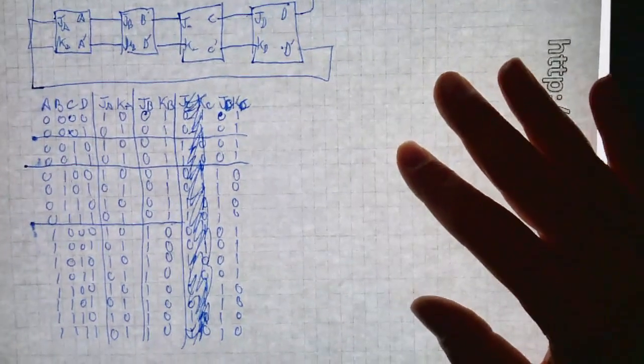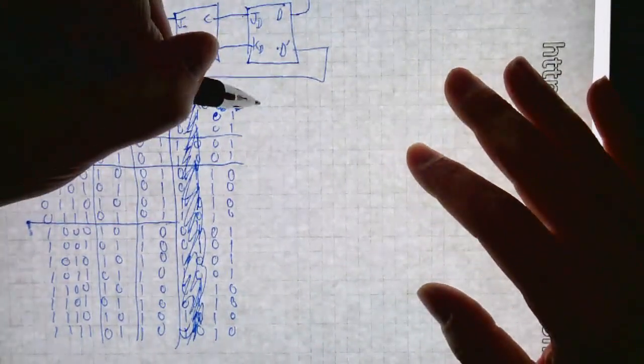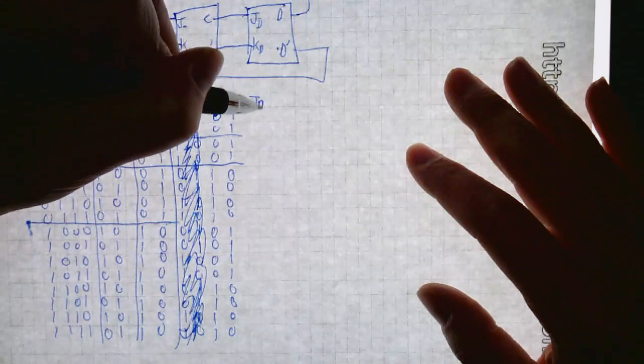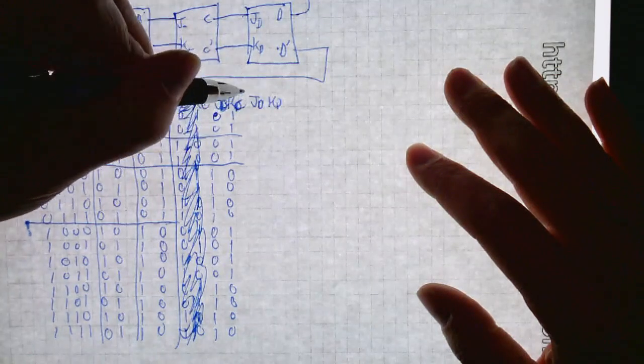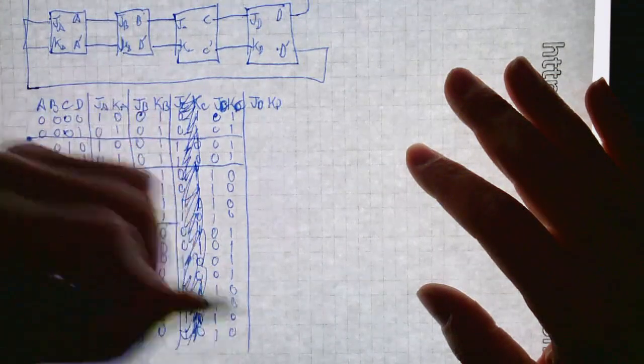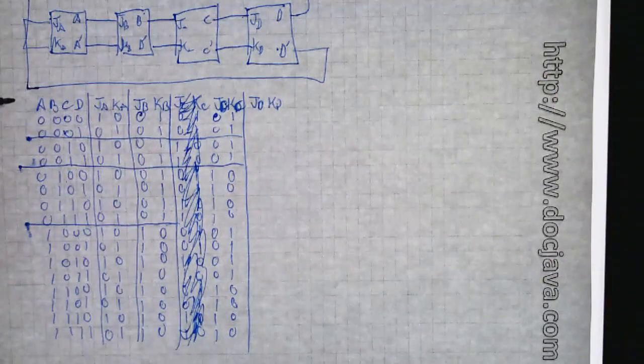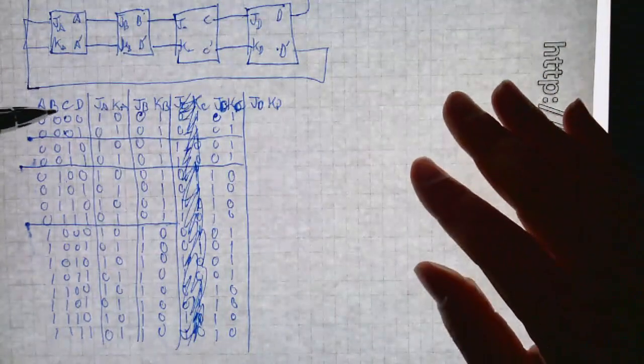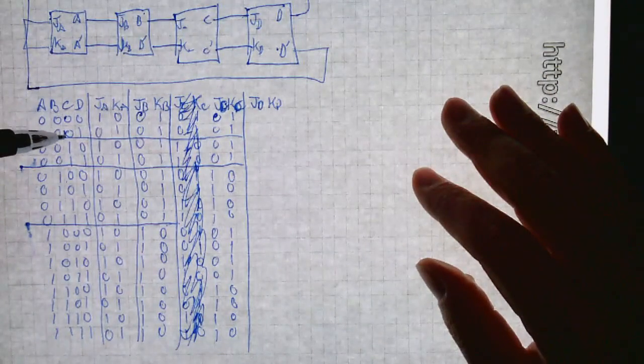There. Now let's do JD, KD. And now I can write JD is equal to C, 0, 0, 1, 1.